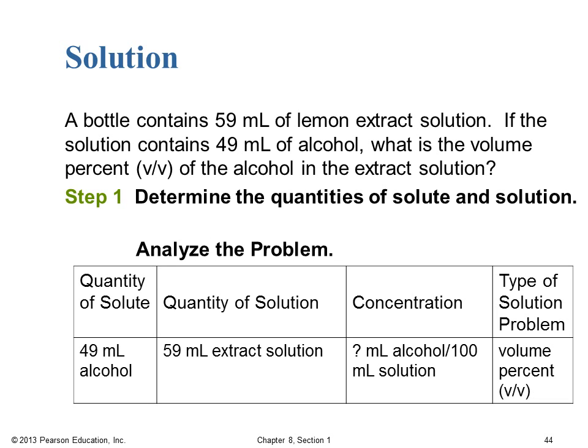We know the solute, what we're looking for. It's asking for the volume percent of alcohol. So that is our solute, 49 milliliters of alcohol. We know that we have 59 milliliters of solution, and that gives us the total volume of solution. And we're trying to figure out the volume by volume percentage.